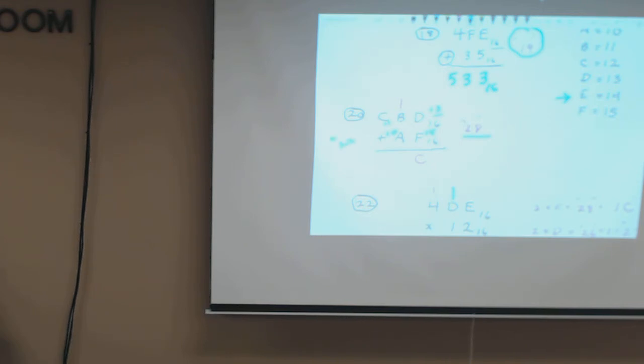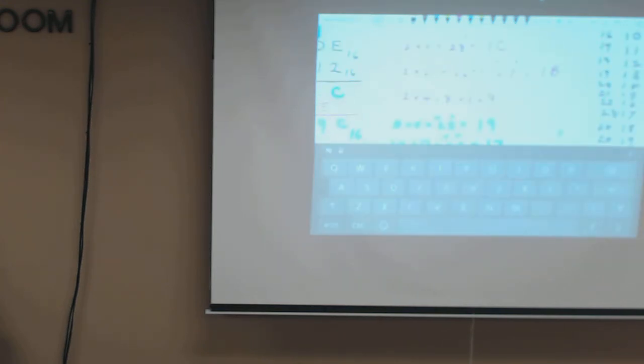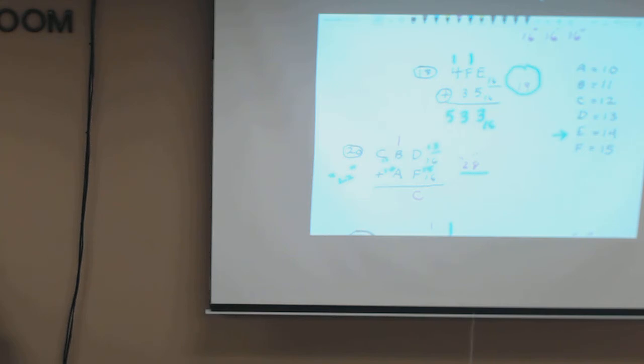How do I say 22 in base 16? 22 is 16. So I come over here and put down a 6 and carry a 1. And what's C? 12 plus 1? 13. How do you say 13? D. D6C in the base 16.